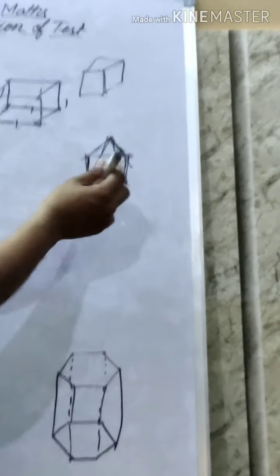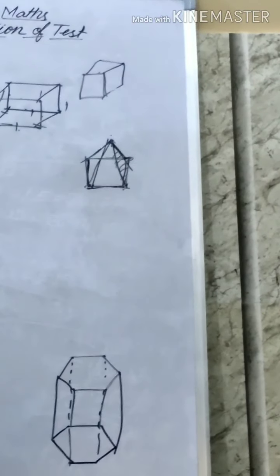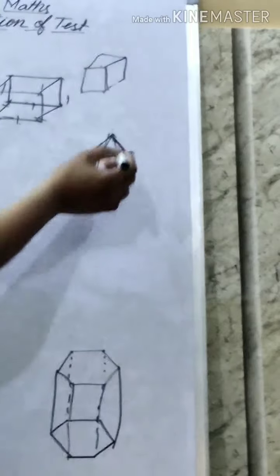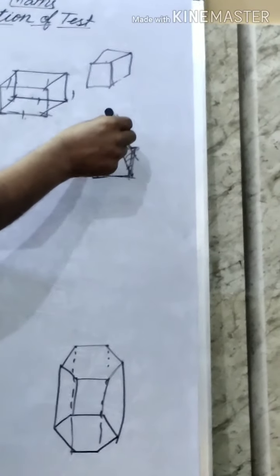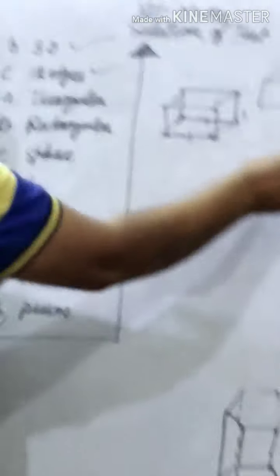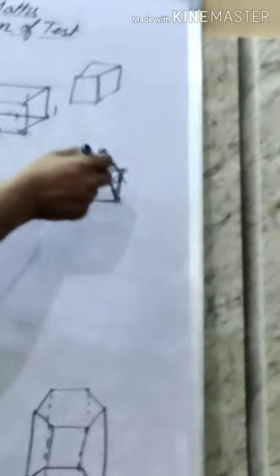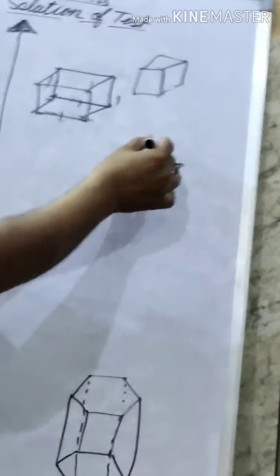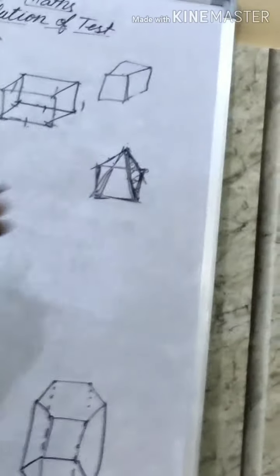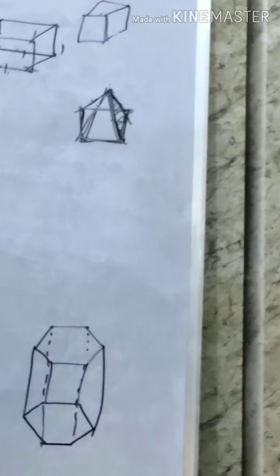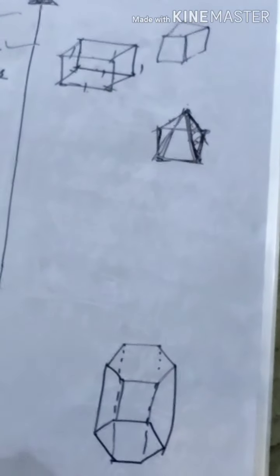Now what is the question? Lateral faces of a pyramid. This face, you see, the shaded portion 1, 2, 3, 3 sides are there. This also 3 sides are there. In the front face 1, 2, 3, 3 sides. It means faces of a pyramid are triangular in shape. So the answer is triangular shape.